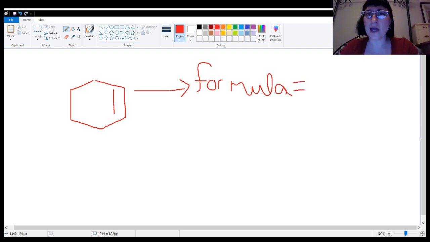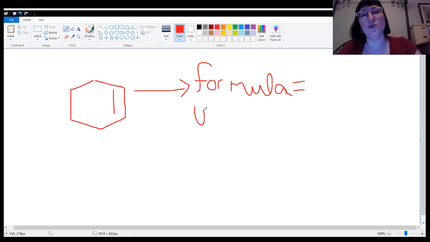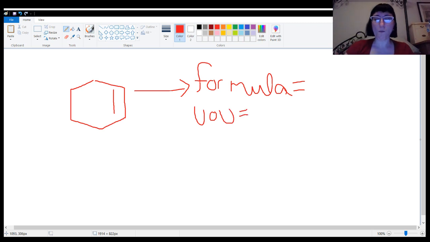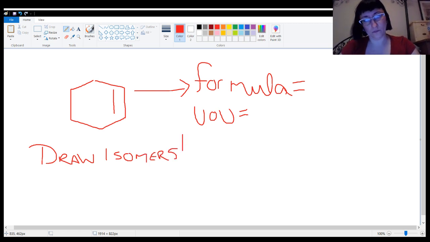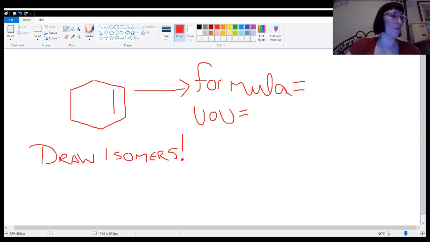And you should be able to look at it. You don't even need the formula to do it because you see a physical structure here. Find the units of unsaturation, which I will call a UOU for short, and then draw some isomers. Work on that in a minute. If anybody has any other questions in the meantime, let me know.